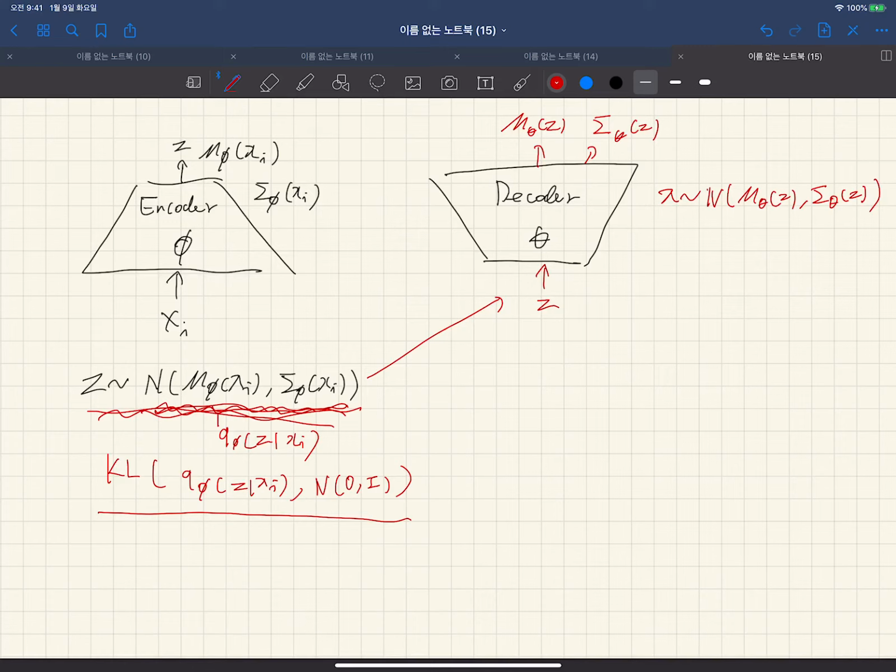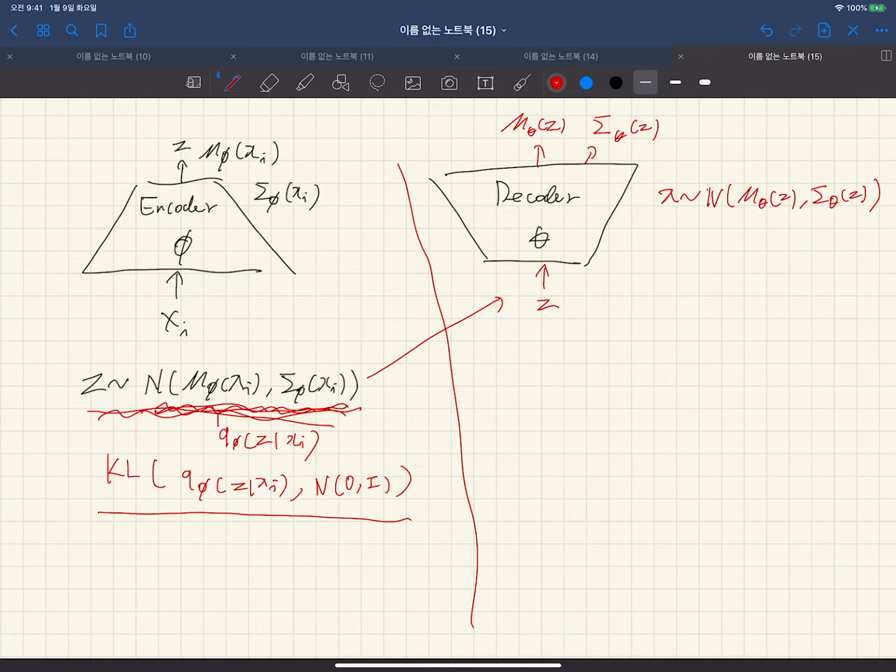And here, for the decoder, we define a very natural loss function, which is the negative log likelihood value. So we want to minimize the negative log likelihood value for the decoder, which is to maximize the log likelihood.